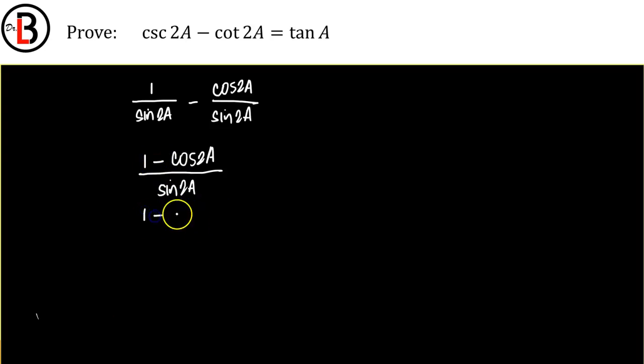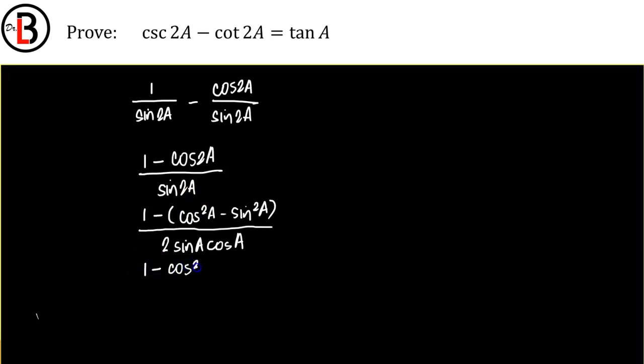Cosine 2a is cosine squared A minus sine squared A. Don't forget the parenthesis. And then the bottom, I can say that that's 2 sine of A cosine of A. And then let's just distribute 1 minus cosine squared A plus sine squared A all over 2 sine of A cosine of A.